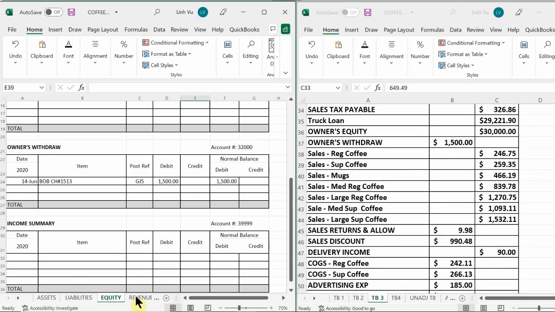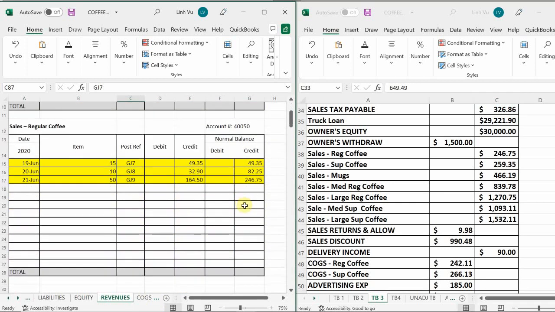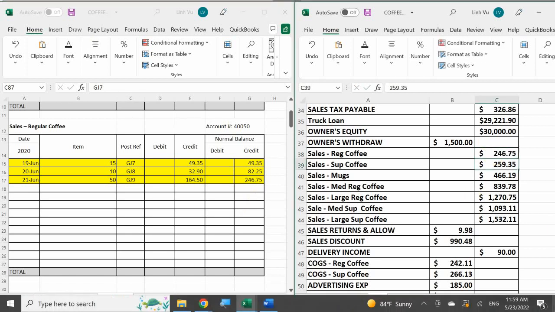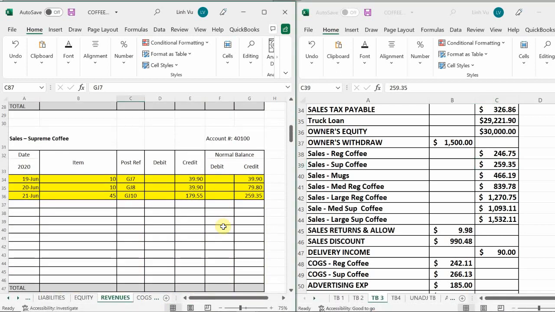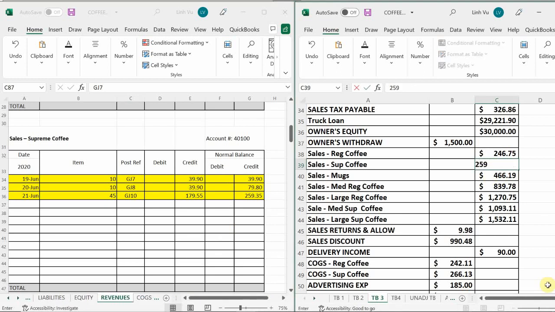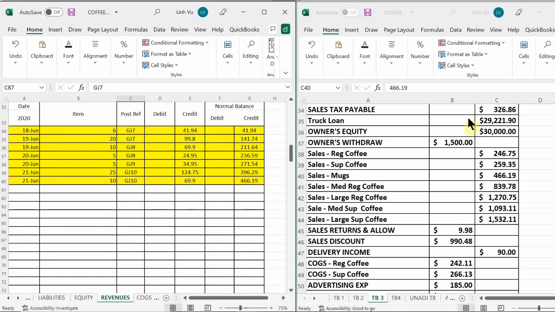Okay, so let's take a look at sales. Sales for my regular coffee is $246.75. My sales for my Supreme coffee is $259.35. Okay, and then my ceramic coffee mugs is $466.19.